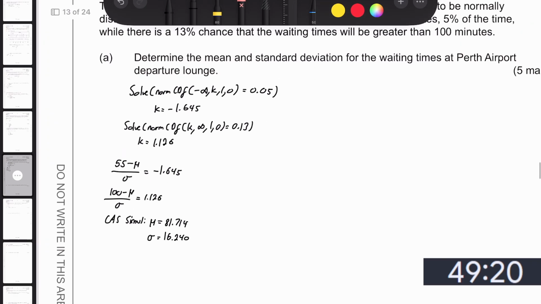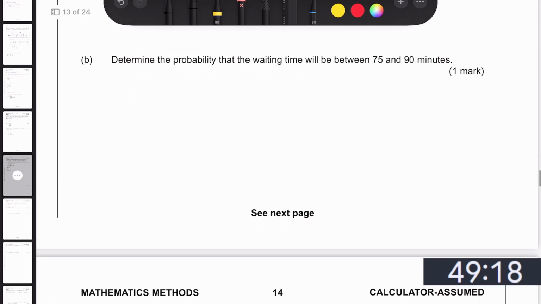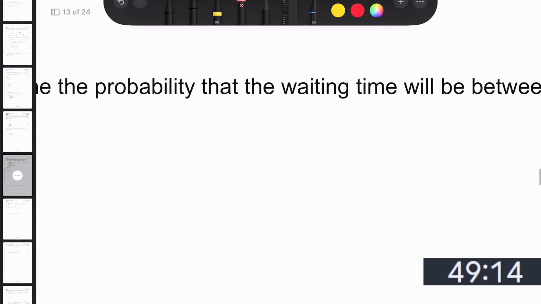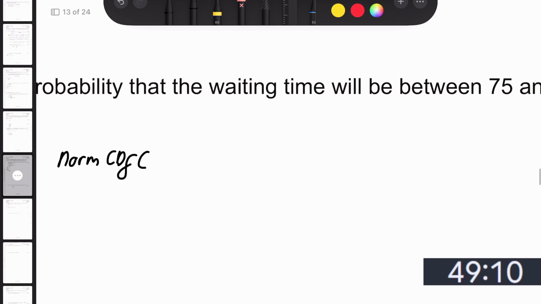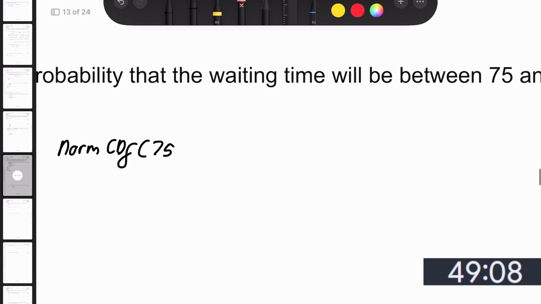16.240. There we go. Next, determine the probability that the waiting time will be between 75 and 90 minutes. Well, it's only one mark. I won't even need to say that this is normal distribution. 75 to 90. Our standard deviation was 16.24. I'll put the 0 to show I'm doing 3 decimal places.